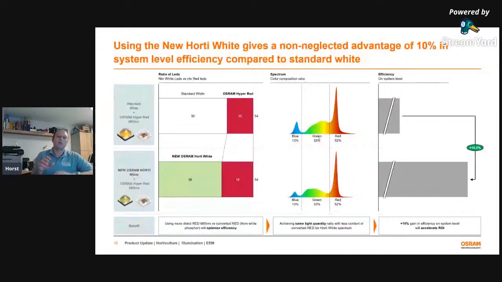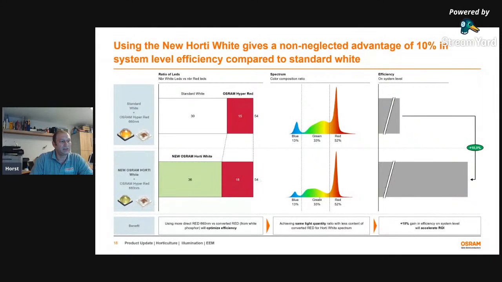And every time you generate light by conversion from blue light to orange light or green light, you always have the Stokes shift in between, and this is connected with losses. If you want to eliminate these losses, you have to do something different, and this is what we are doing here with our Horti white.